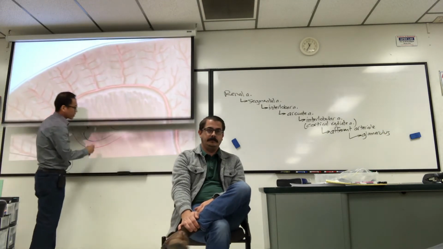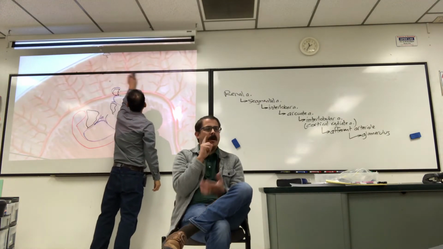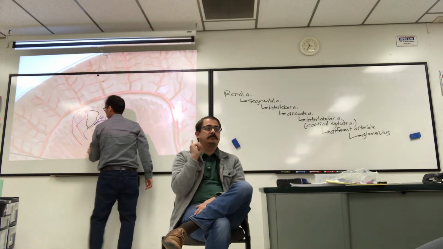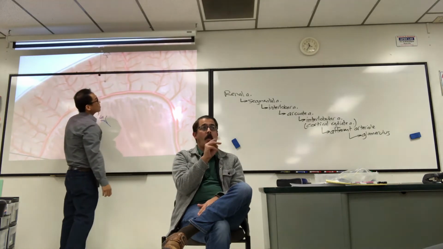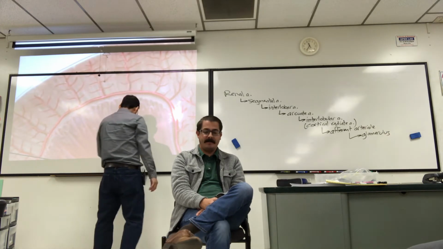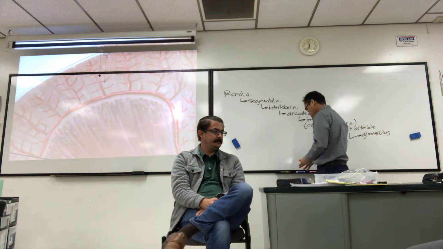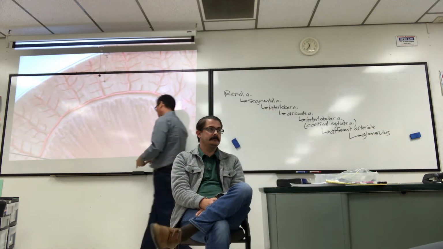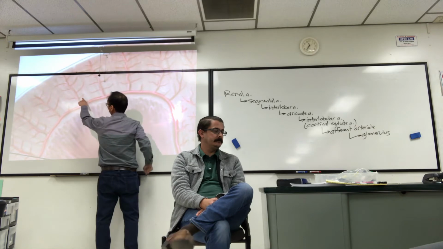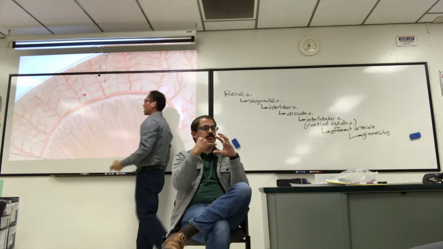Well, they don't show glomerulus, but if I could draw one in. Okay, let's see here. There's afferent arteriole. What if I put like a little ball in your arm right there? See, that's my glomerulus.